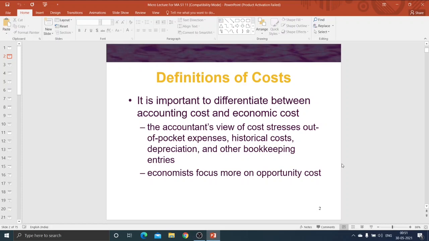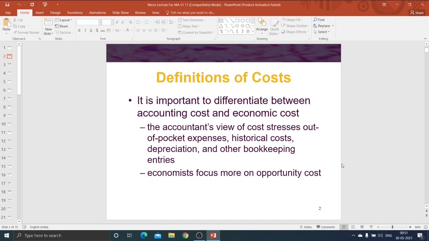the production aspect. So if that is the case, then it is important to differentiate between accounting cost and economic cost. That is especially the accountant's view of cost, stressed out-of-pocket expenditure, historical cost, depreciation, and other bookkeeping entries are normally called the accounting cost.